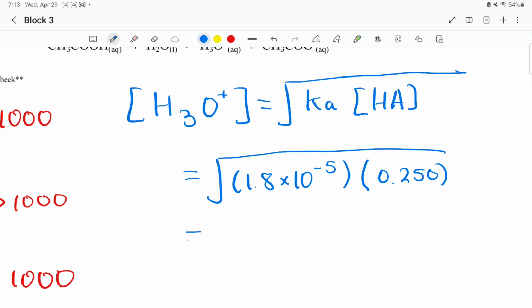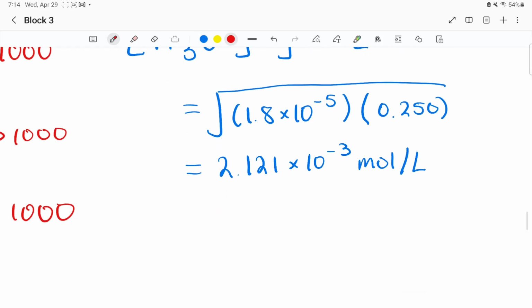All right, so that gives us what? Let's square root that. It gives me about 2.121 times 10 to the negative 3 mole per liter.